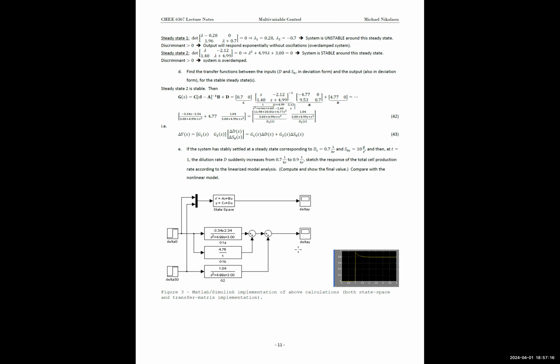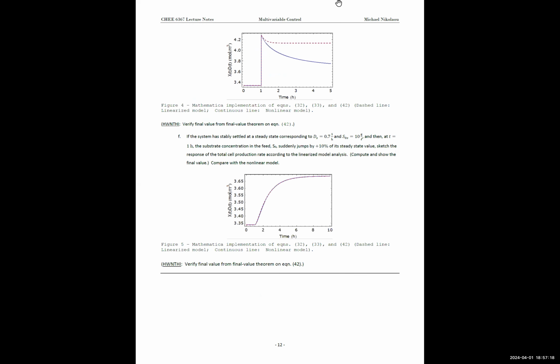You can find the corresponding steady state, do simulations in Simulink, and also do simulations where you have the approximately linearized system and the true nonlinear system. You see that for one output, x times D in this case, there is a discrepancy. In the second case, there is not much discrepancy for the corresponding equations solved. Linearized and nonlinear are about the same.